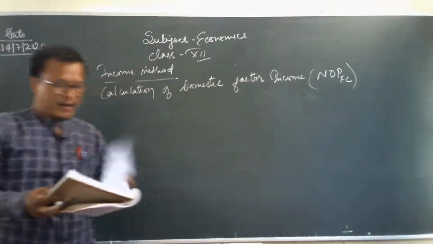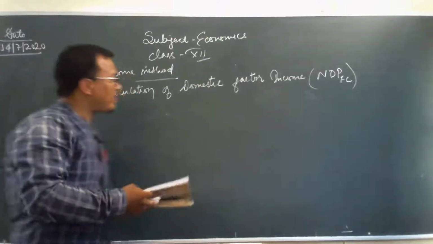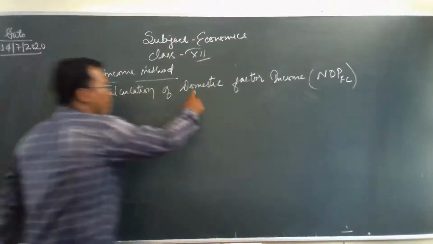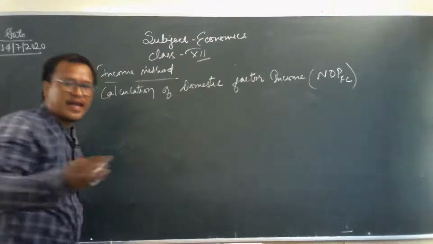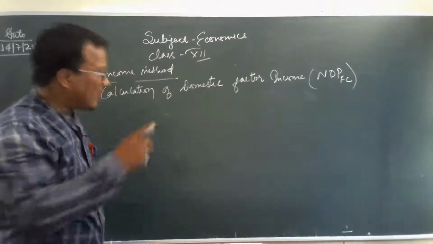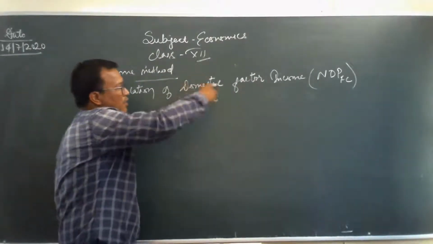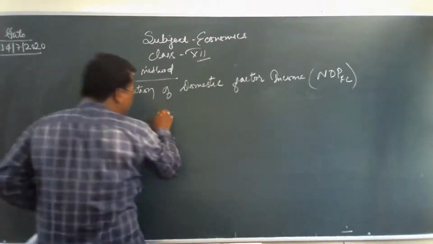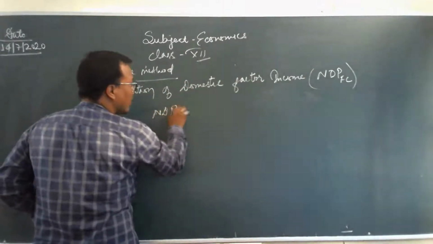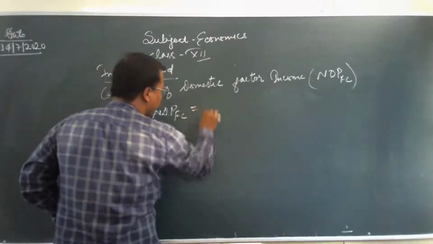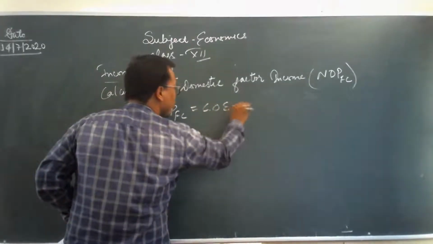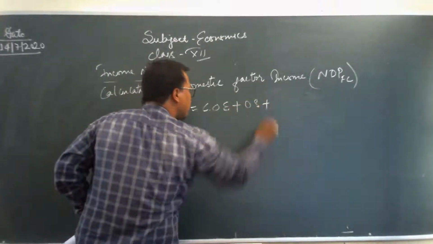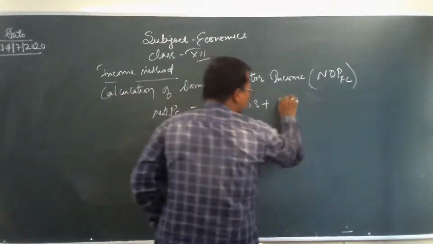And after that, we have to calculate domestic factor income, or we can say NDP at FC. The third step would be the calculation of domestic factor income, that is NDP at FC, and NDP at FC will be compensation of employee plus operating surplus plus mixed income.